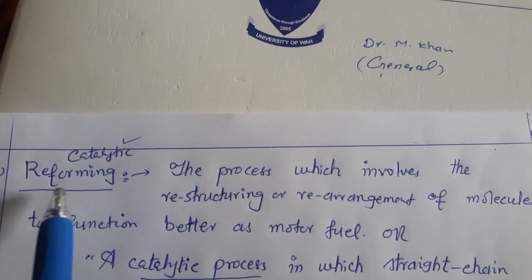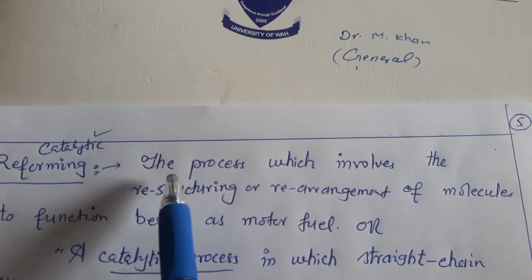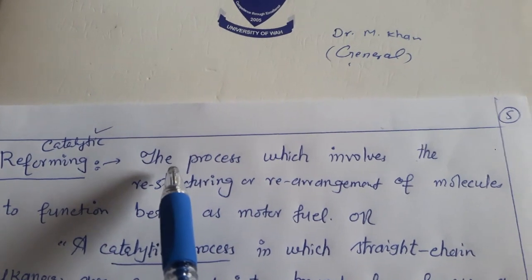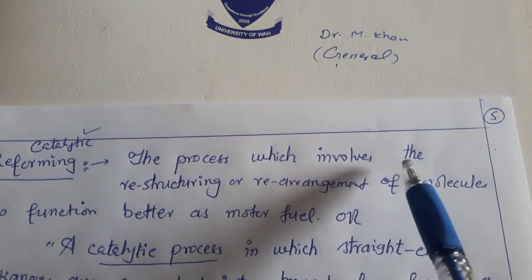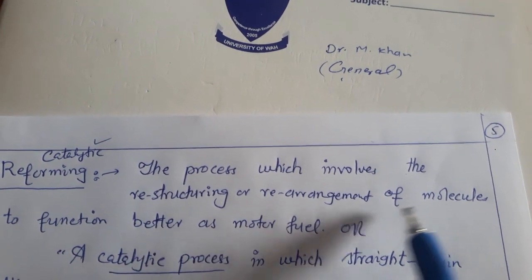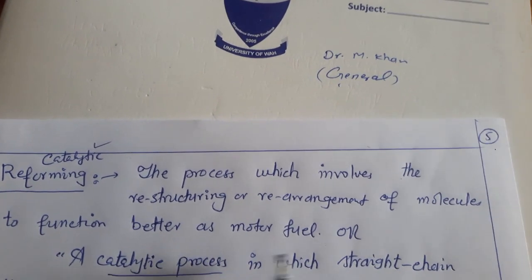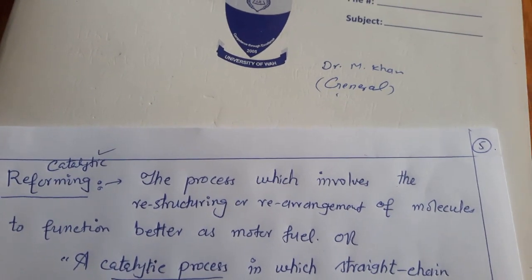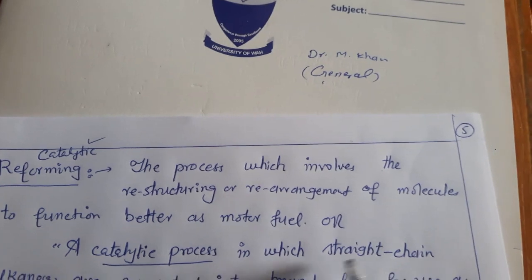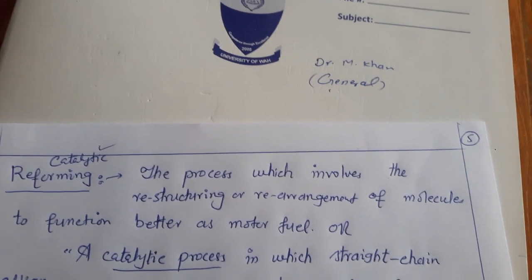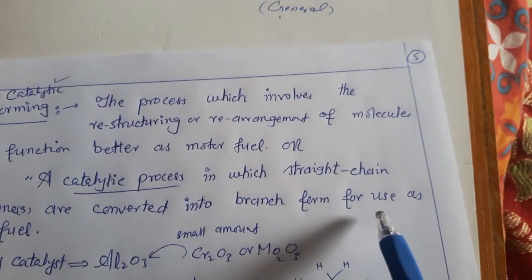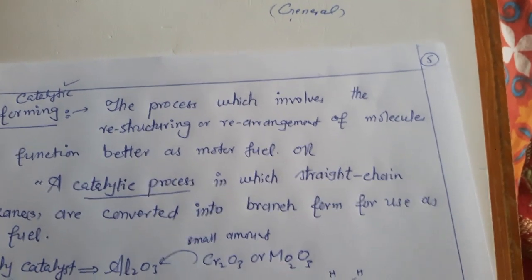The fifth topic of today's lecture is catalytic reforming. What is meant by reforming? Reforming is the process which involves the restructuring or rearrangement of molecules to function better as motor fuel. Or reforming is a catalytic process in which straight chain alkanes are converted into branched form for use as a fuel.